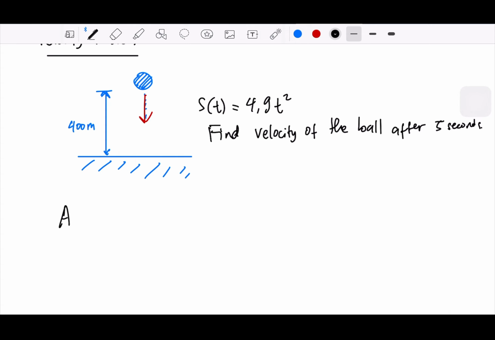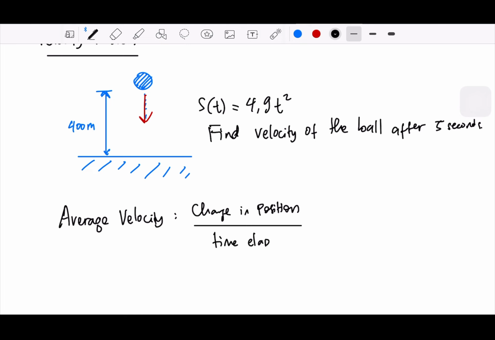What is the velocity, or average velocity? This is the change in position, right? Over how much time elapses, right? Change in position.